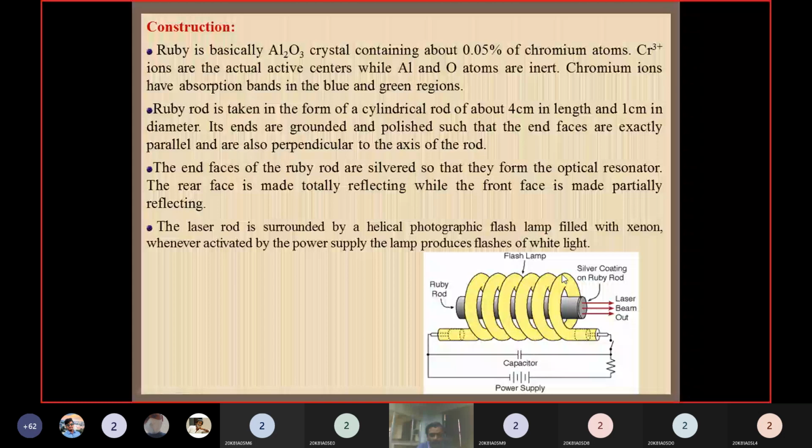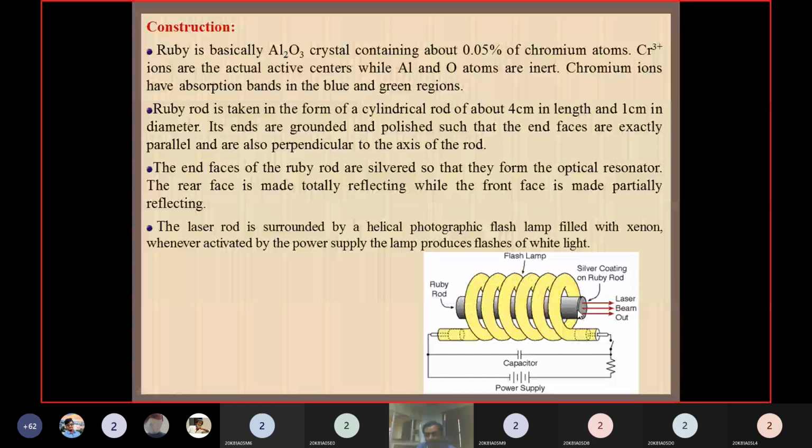Here the ruby rod is there, surrounded by a helical photographic flash lamp. In that flash lamp there is xenon gas.